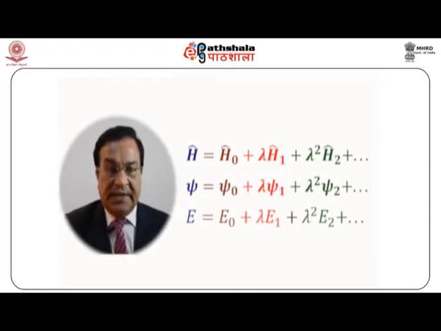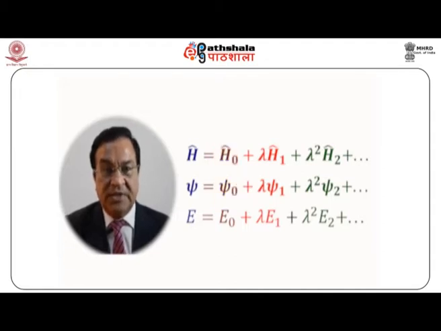Please notice that in these sets of equations, ψ0 is exactly solvable. That means this can be exactly obtained from the corresponding Hamiltonian H0, giving the total energy E0.